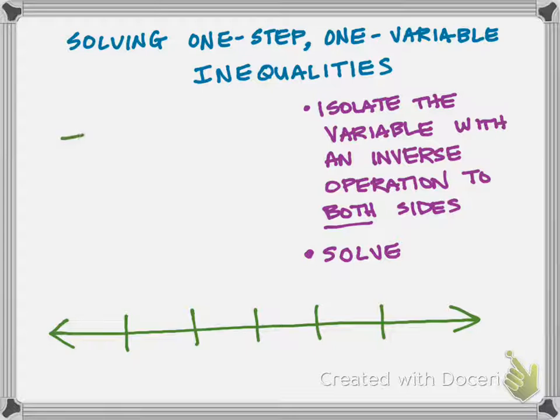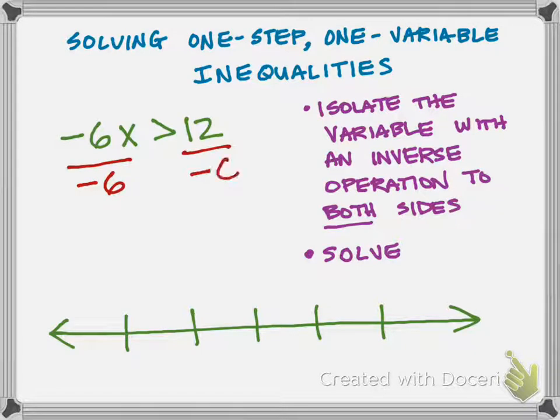Let's start with, let's say, -6 times x is greater than 12. You might be able to notice right away that this is one of the tricky situations, because in order to isolate x, to get x by itself, when we do the inverse operations to both sides, the opposite of multiplying by -6 is dividing both sides by -6.